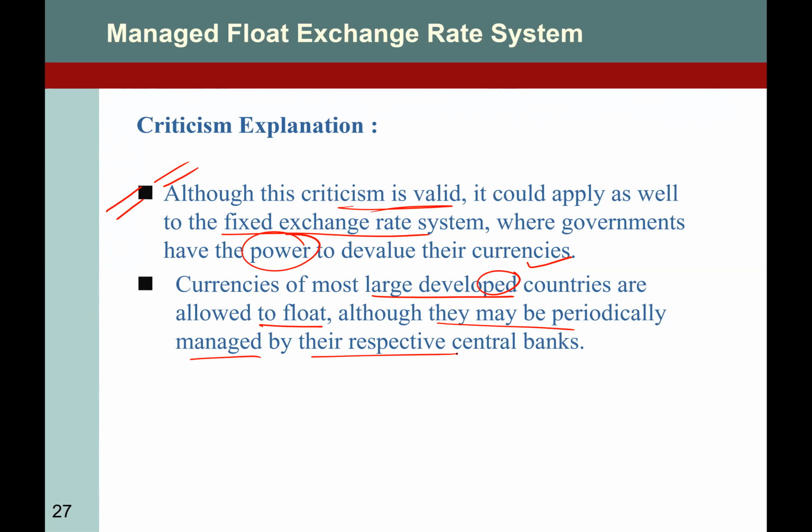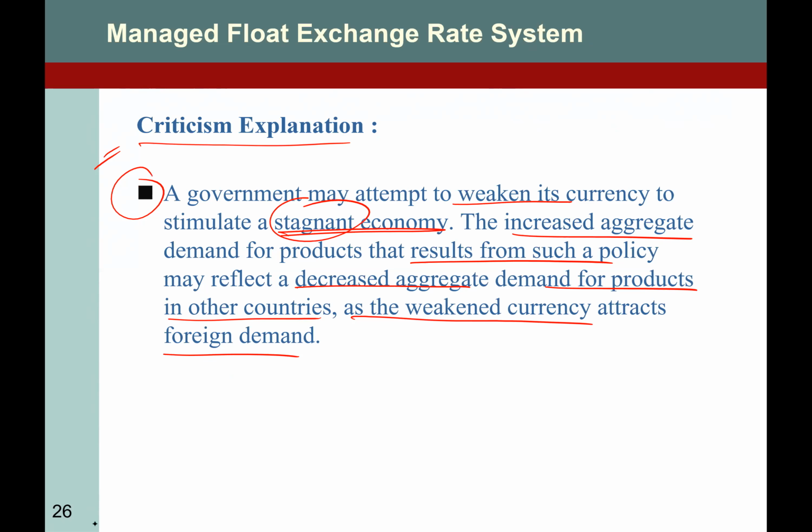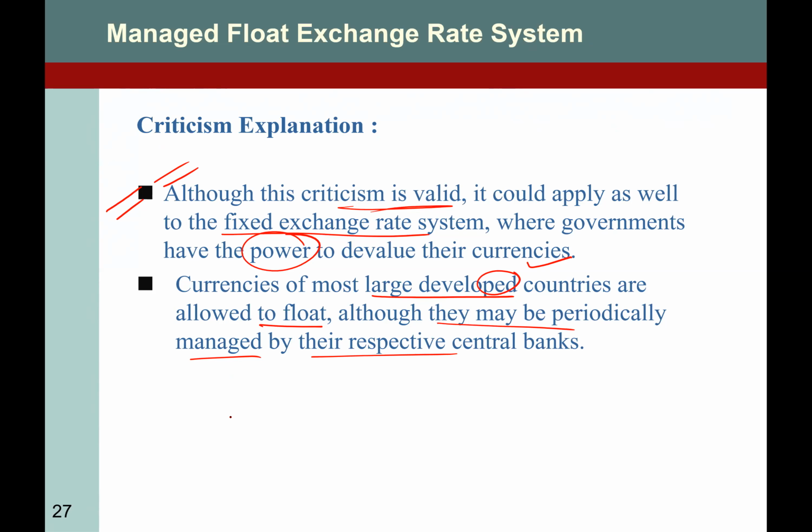They allow a band, and if the currency moves out of the band, then the central bank intervenes, through treasury bills, or through bonds, or through asking the commercial banks to reduce lending or whatsoever, to control the managed float rate system. We'll talk about how they can do that through direct intervention and indirect intervention in our coming slides.